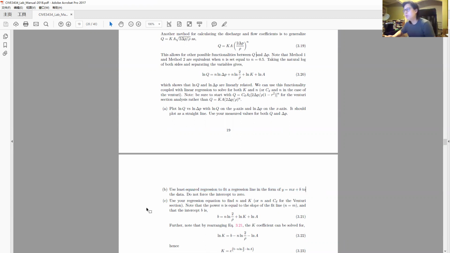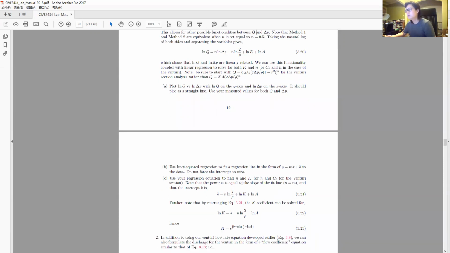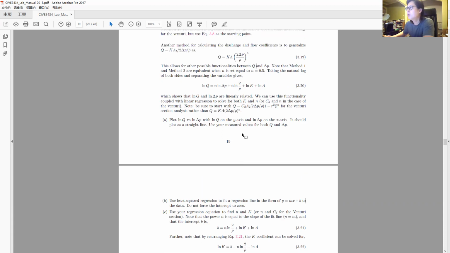This time we do not force the intercept to 0, because we need the intercept. In the equation we already altered it to this, and it has an intercept b.